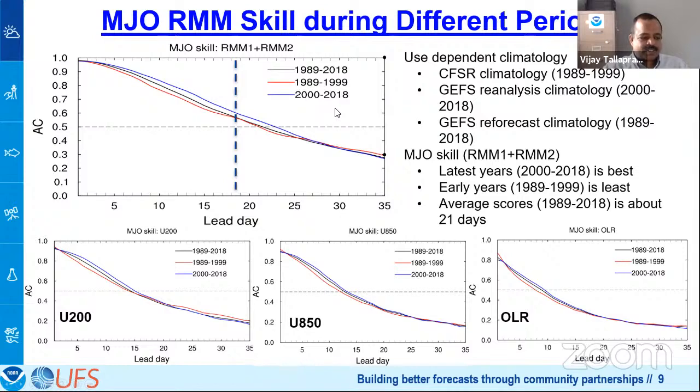There are interesting features here in terms of how we can evaluate the MJO, either using the CFSR climatology or the reanalysis climatology. And this is another active area of research that I would say will help understand the behavior of the subseasonal prediction skills from our Ensemble system.